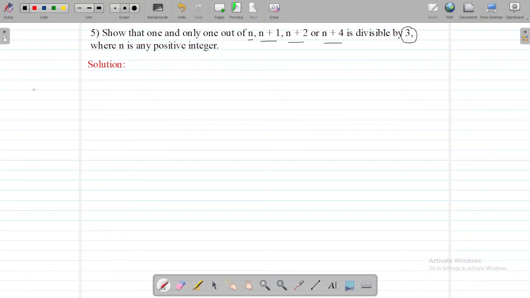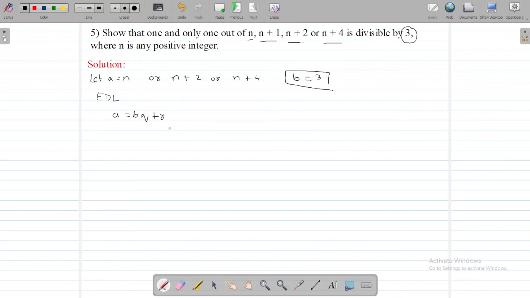So for that, let us take a is equal to n or n plus 2 or n plus 4. But we know that b is equal to 3 here. Now by Euclid's division lemma, we are taking a is equal to bq plus r.